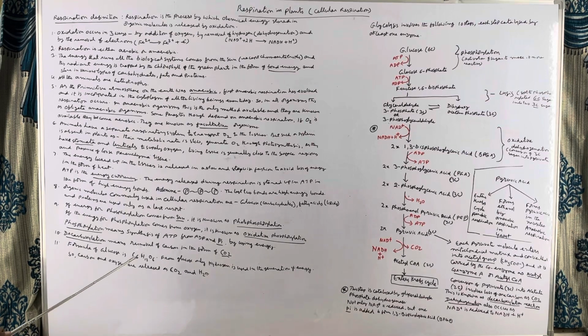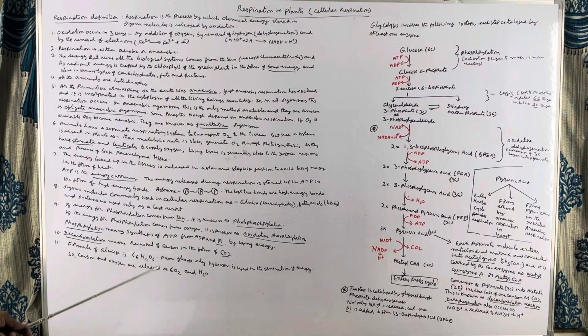Then the formula for glucose is C6H12O6. In the process of respiration, the carbon present in the glucose is lost in the form of carbon dioxide and it is expelled or used by the plants in photosynthesis. Oxygen combines with hydrogen and it is removed as water.